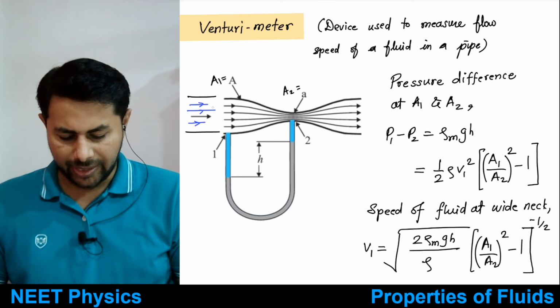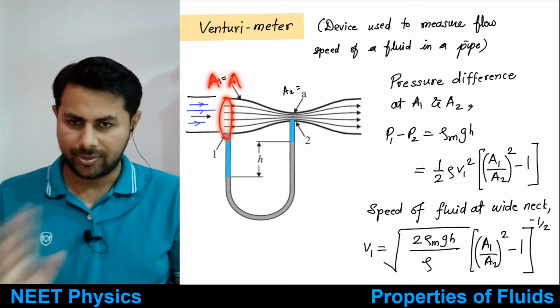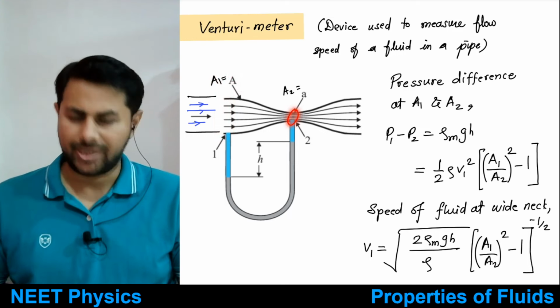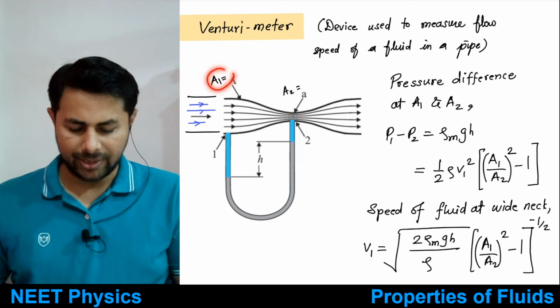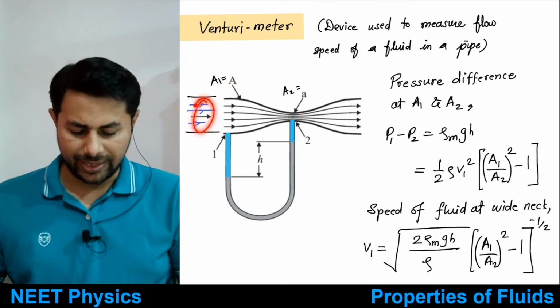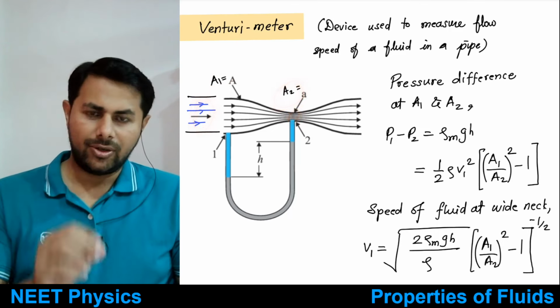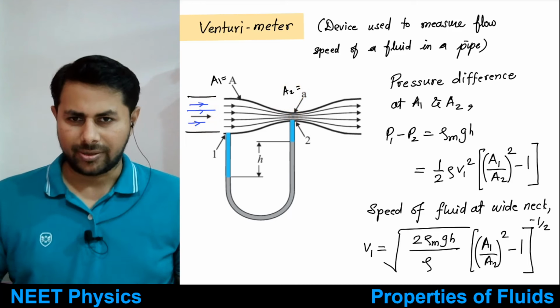Suppose the area over here is capital A, let's call it A1, and this is small a, A2. So just remember capital A or A1 is the bigger area, the area of the pipe, and A2 is the area of the narrower end of the Venturi meter.